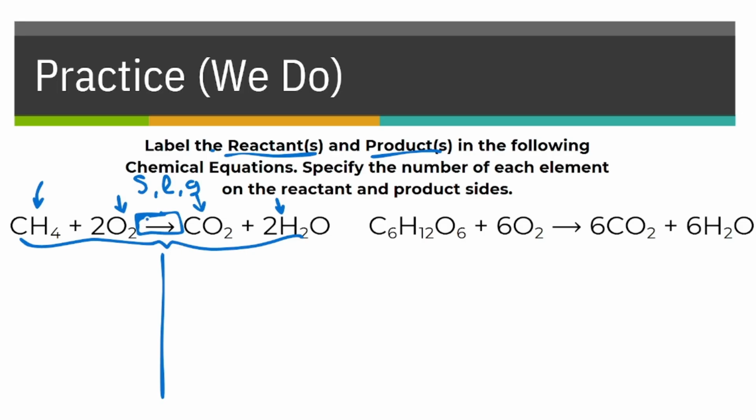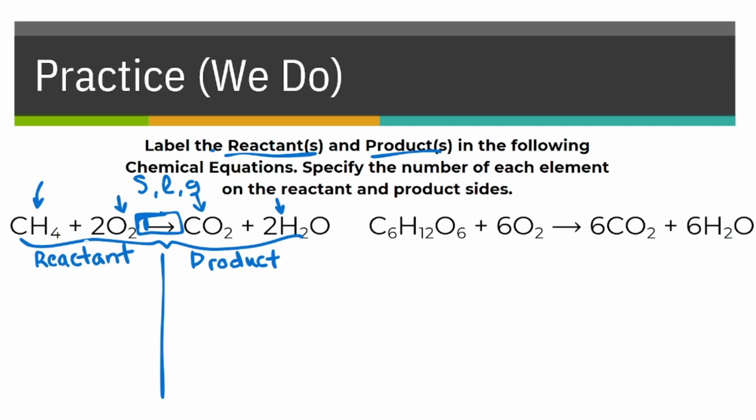In this case, prior to the arrow, I recognize I have the CH4 molecule as well as O2. This is going to be my reactant because this is what is present before an overall change. Anything present after that change is my product.